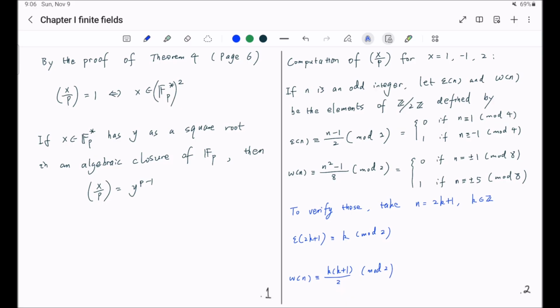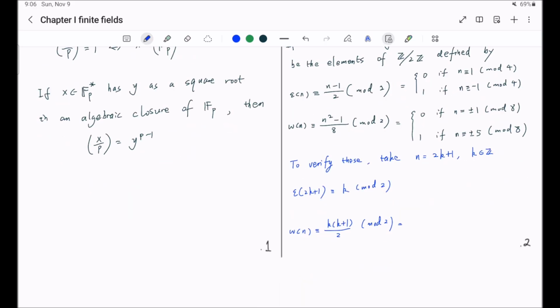This is slightly more complicated, but also easy to verify. The case that n is equal to plus minus 1 modulo 8 corresponds to the case when k is either a multiple of 4 or congruent to 3 modulo 4. And when this happens, this is an even number, so this is equal to 0.